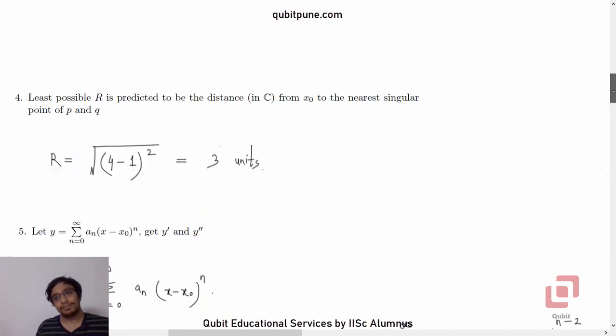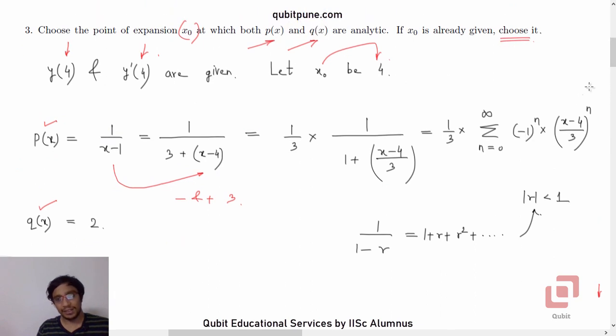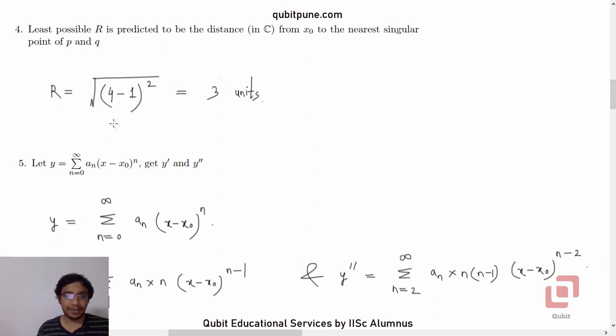All right, so the rewriting of p of x in terms of the power series allows us to find the least possible radius of convergence r. What is it? It is predicted to be the distance in the complex plane from x0 to the nearest singular point of p and q. q doesn't have any singular point. In this example, p does have one singular point, which is the real number 1, right?